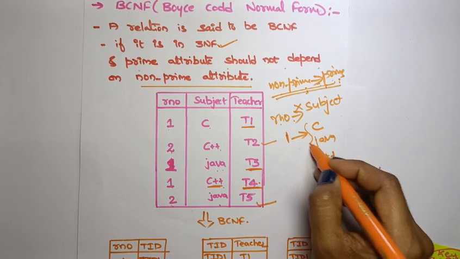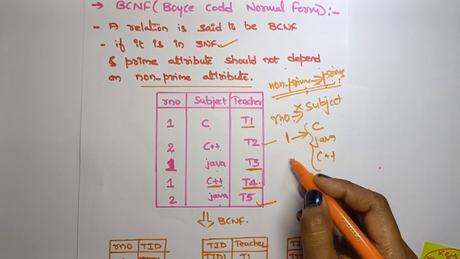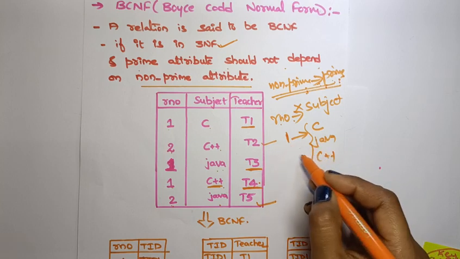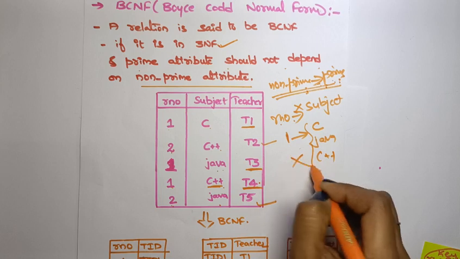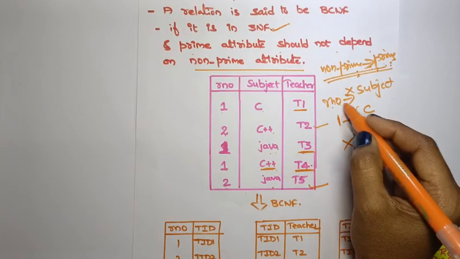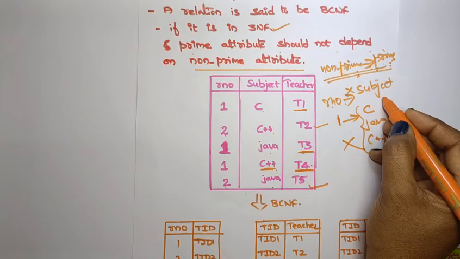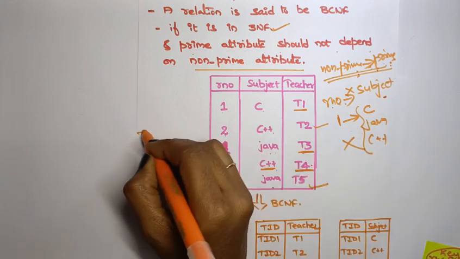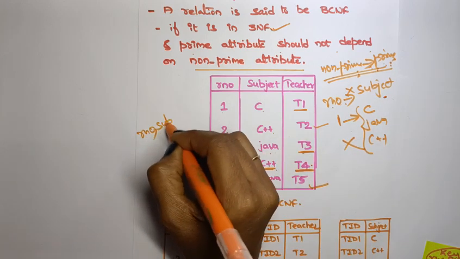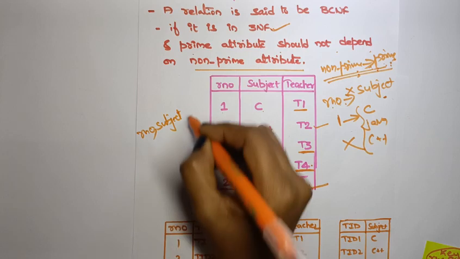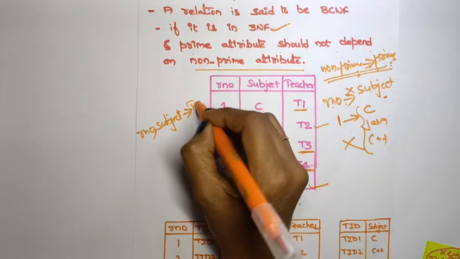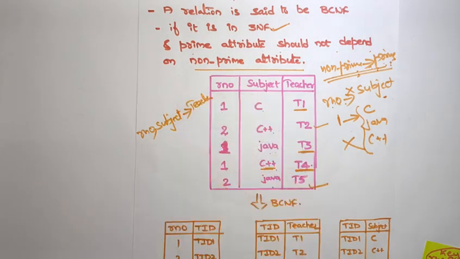You cannot tell which course roll number 1 joined, C or Java or C++. So roll number alone cannot identify the subject. But roll number together with the subject, you can tell which teacher is allotted.